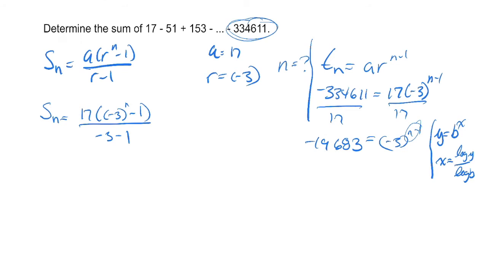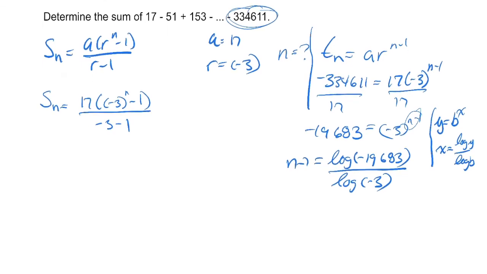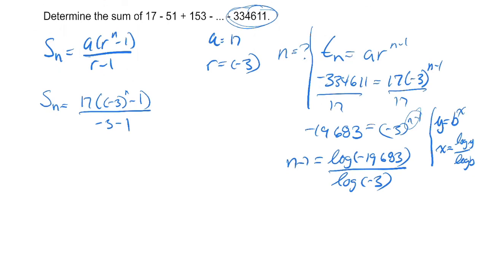So n minus 1 is going to be the log of my answer, in this case negative 19,683, all over the log of negative 3. Now if you plug that into your calculator, you're going to get errors because the log is negative. I didn't have time to go over it, and I'm not going to explain it now, but really we could turn these into positives.